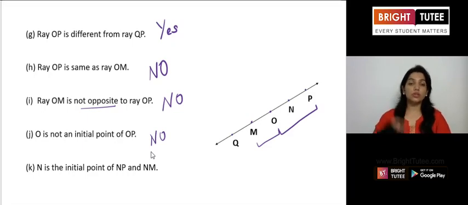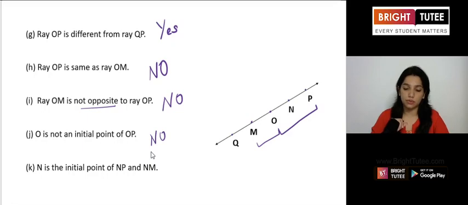They're just tricking you with a small word, not, in between. So whatever the answer, just write the opposite of it. Here they are saying that O is not an initial point, but in actual fact O is an initial point of ray OP, right? So the answer is no.